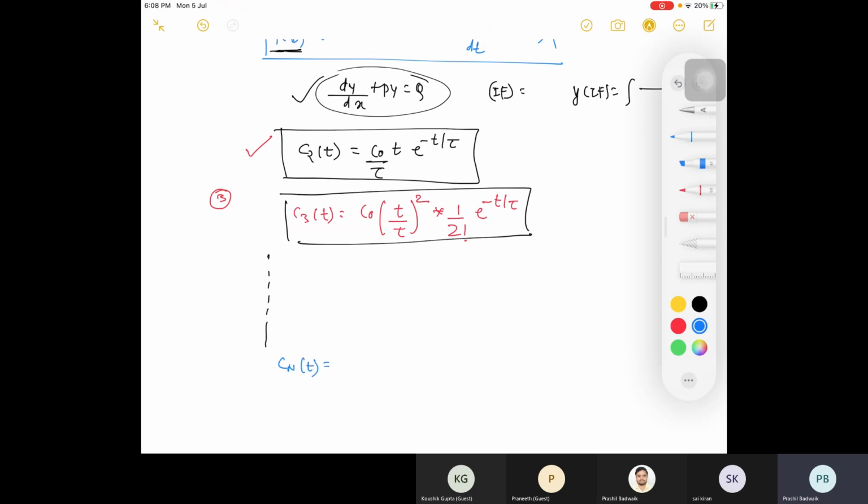What is the concentration of tracer coming at the exit of your nth reactor, Cn(t)? It will be a function of e to the power minus t by tau, and there will be C0. The remaining term is some fraction, and that fraction is (t by tau) to the power n minus 1 into 1 by (n minus 1) factorial. So this is your fraction.